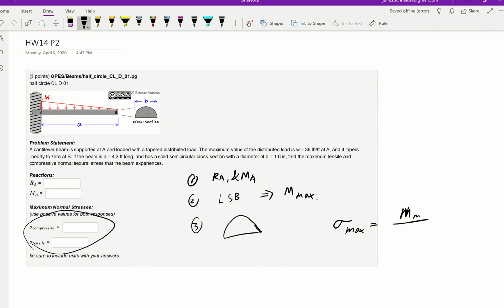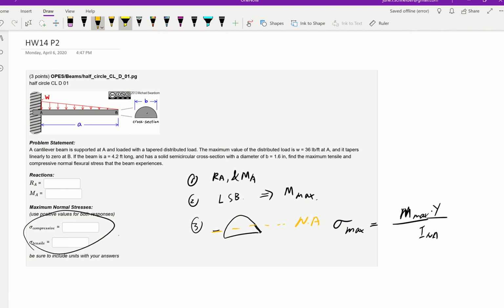M is the maximum bending moment, which you find in step 2, times y over I about the neutral axis. And remember, what will be the neutral axis for the semicircle? It's right here, right? I'm going to use a different color. That's going to be the neutral axis, the centroid going through.